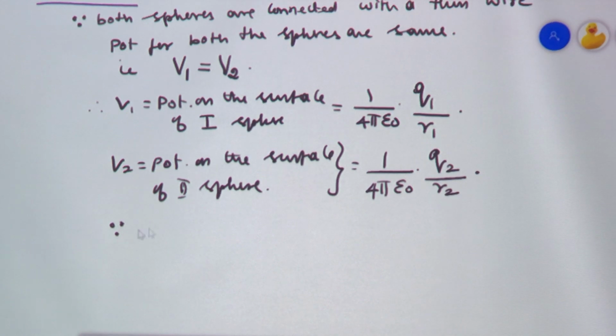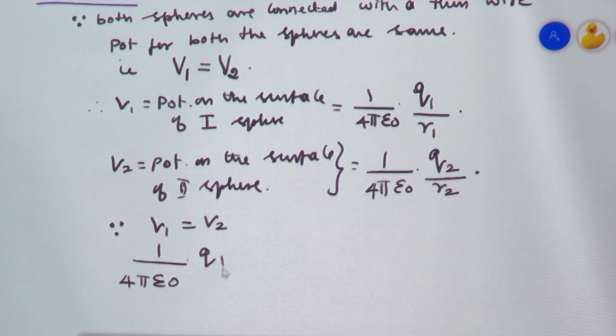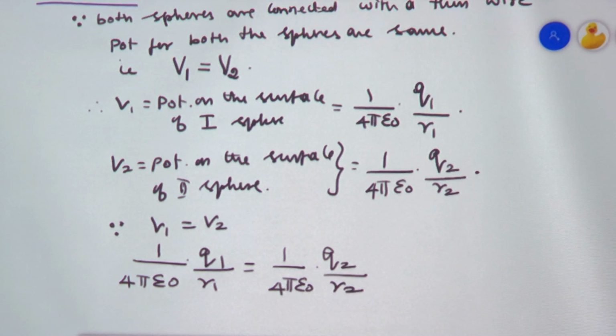So, since V1 is equal to V2, we can write 1 divided by 4 pi epsilon 0 into Q1 divided by R1 is equal to 1 divided by 4 pi epsilon 0 into Q2 divided by R2. On simplifying, 1 by 4 pi epsilon 0 on both sides will get cancelled.